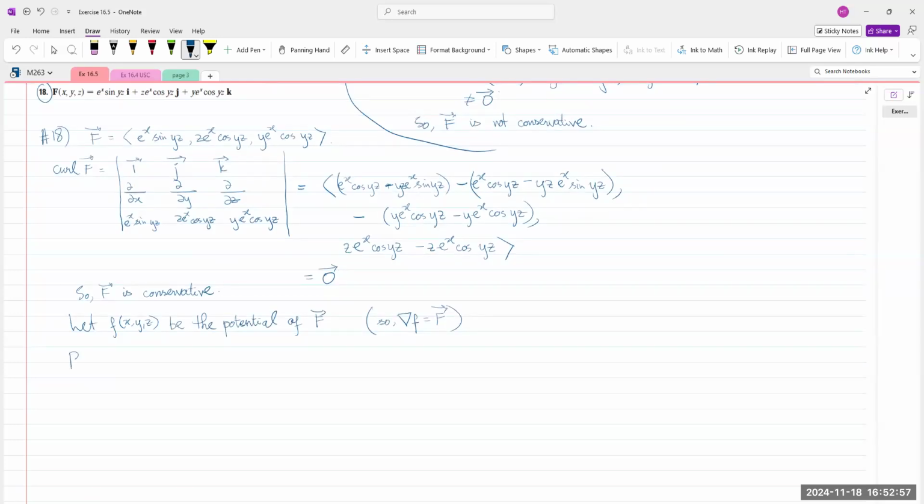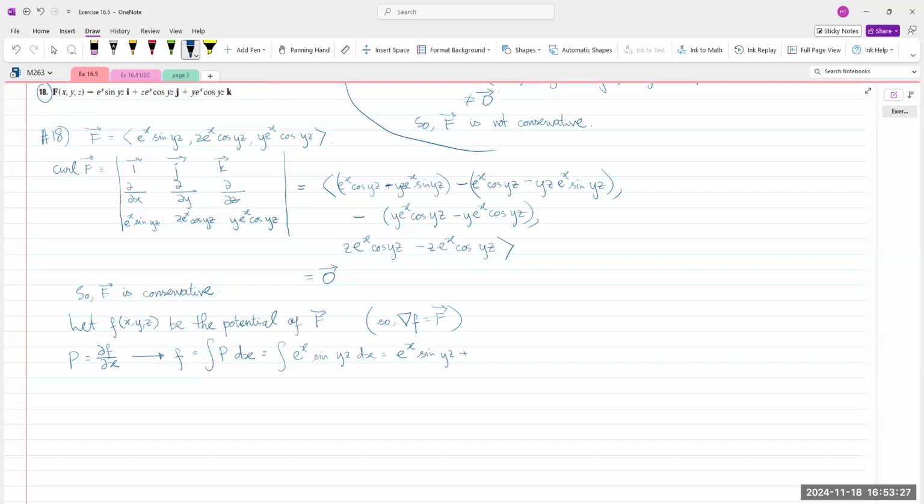Now that means P is equal to the partial of f with respect to x, right? That implies the function f is the integral of P with respect to x. That's the integral of e to the x sine yz dx, that is itself, right?